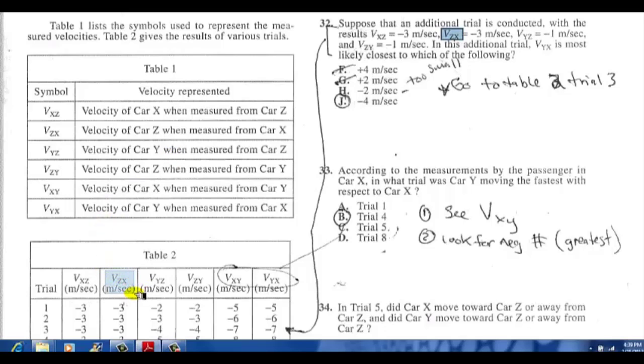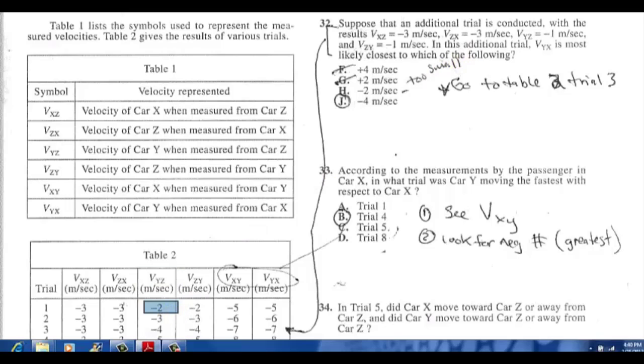VZX, the value they give us from up here is, again, -3. We see that trials 1, 2, 3, and 4 have a -3. We keep moving. The next one is VYZ at -1. VYZ is column 3. They give us the new value, -1. The closest value we have is trial 1 with a -2.